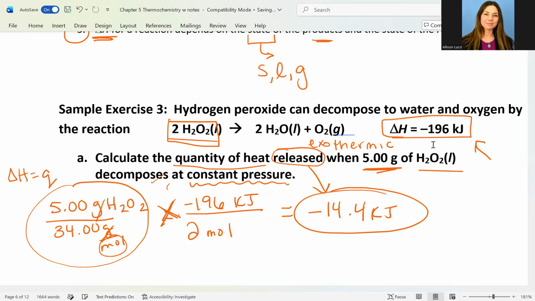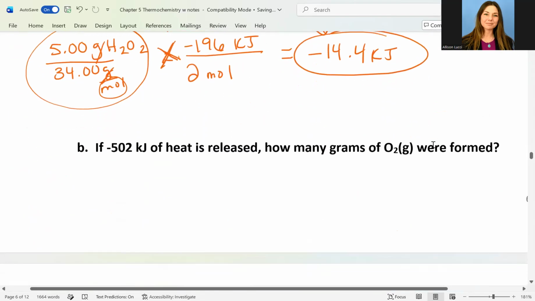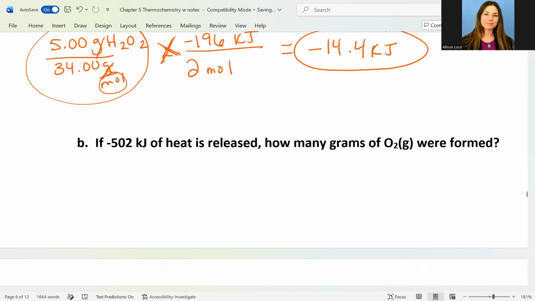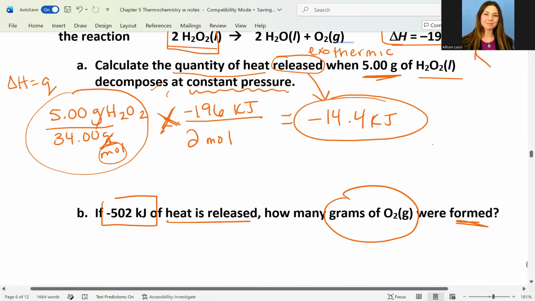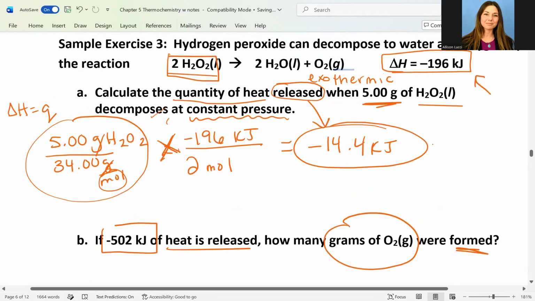So let's see what they ask us to do in part B here. So now we have a negative 502 kilojoules of heat released. We want to know how many grams of O2 were formed. So we're going to use that same balanced equation up here where we have the amount of heat for 1 mole of O2.